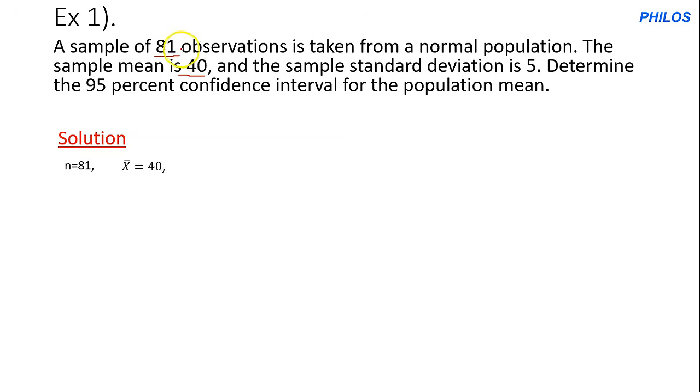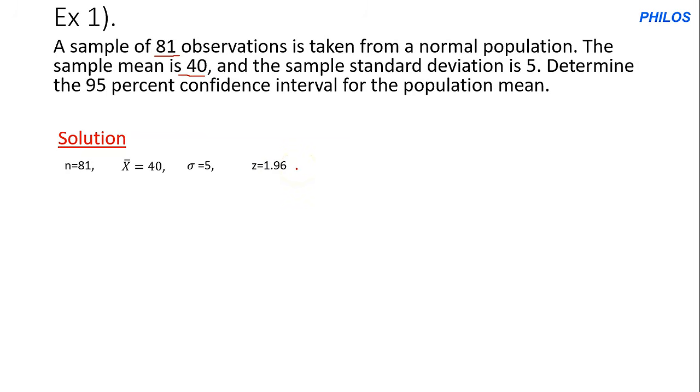But because the sample size is more than 30, we approximate the sample standard deviation to be the population one. And then the question also says, determine the 95% confidence. I told you earlier that whenever a question gives you 95% confidence, you should take the z-score to be 1.96. So our z is 1.96.